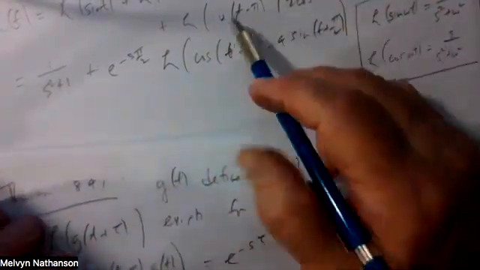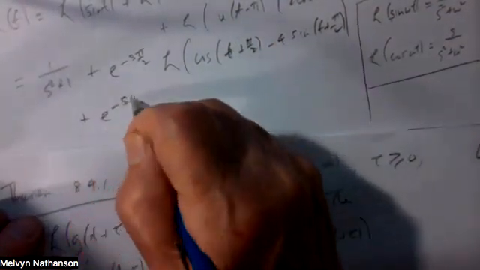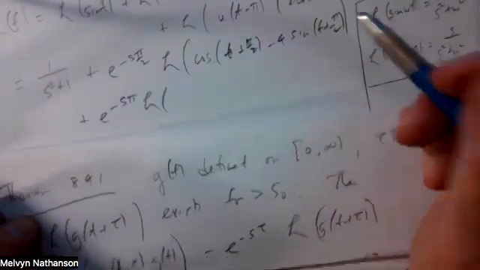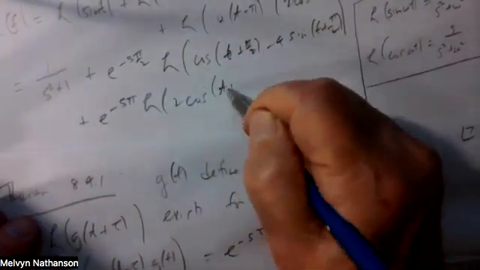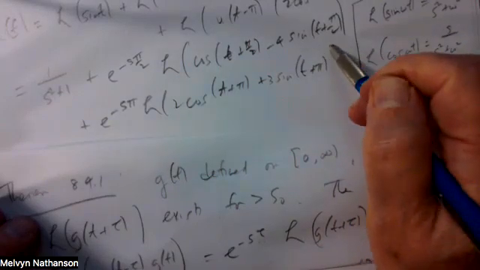And here I have u of t minus pi. So I'm going to get e to the minus s pi, Laplace transform of 2 cosine of t plus pi plus 3 times the sine of t plus pi.